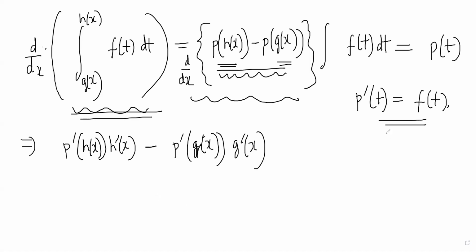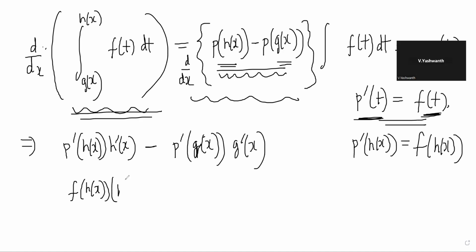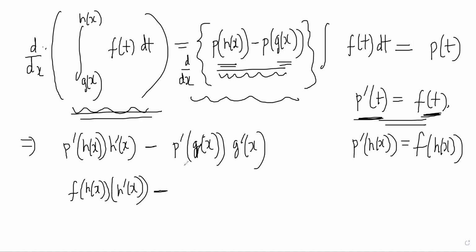Yes, sir. What is p dash t? It is f of t. So what will be p dash h of x? f of h of x. Yashwant, are you understanding? Yeah. Similarly, p dash g of x will be f of g of x, right?